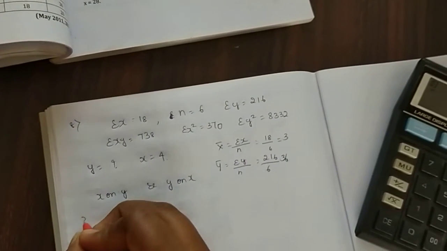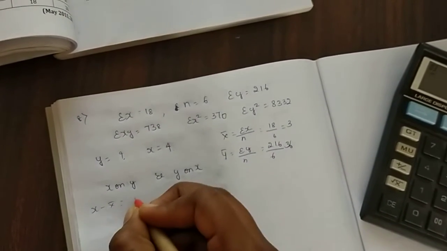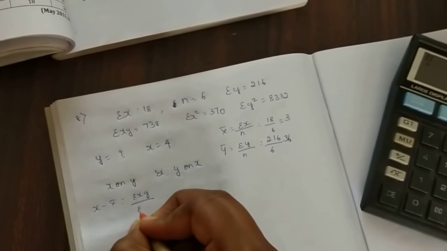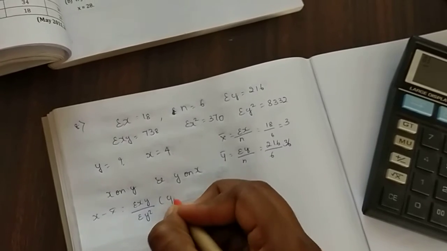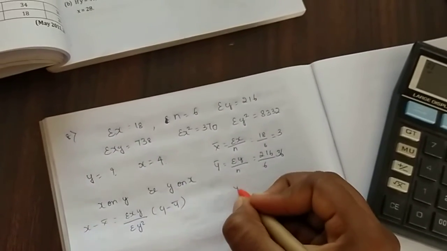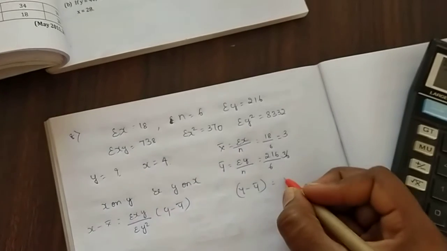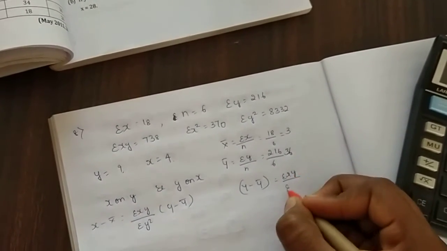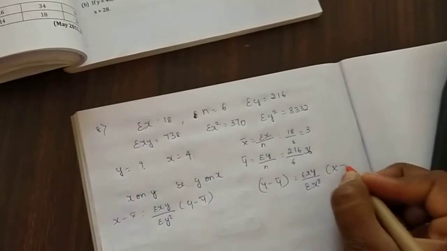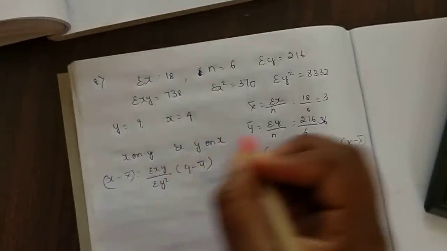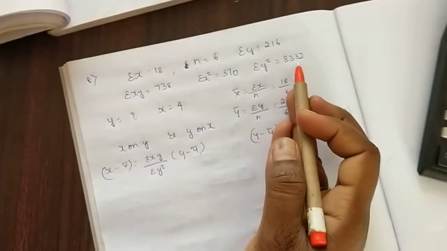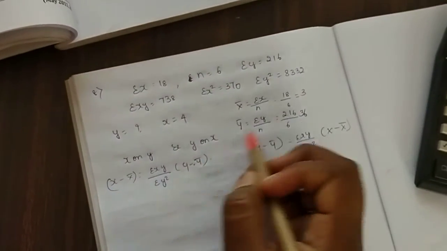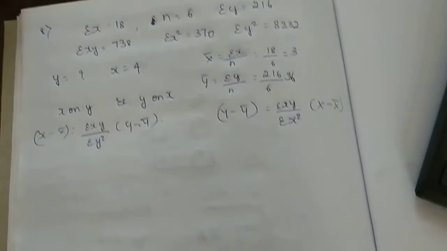The formula for x on y is x minus x bar equal to sigma xy divided by sigma y square into y minus y bar. Y on x is y minus y bar equal to sigma xy divided by sigma x square into x minus x bar. Substitute the values and solve this equation.